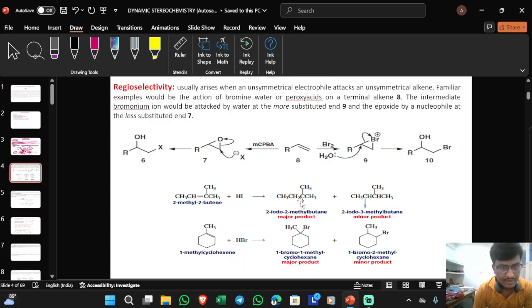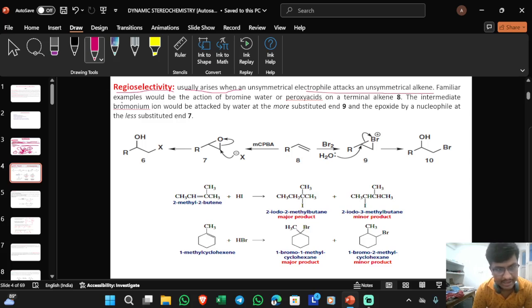Then on the next page, regioselectivity. First of all, read it now to understand; if you do not understand, I will explain this topic. Regioselectivity usually arises in an electrophilic attack on an unsymmetrical alkene.